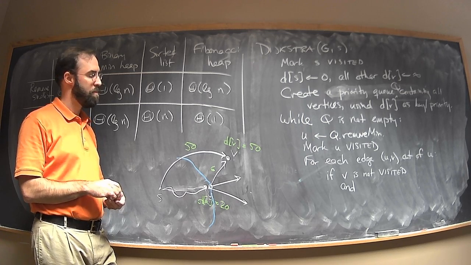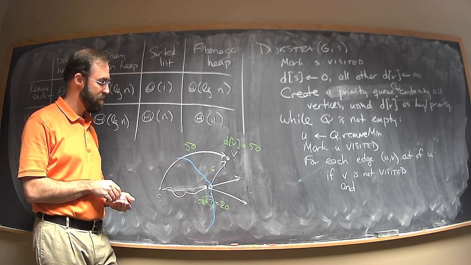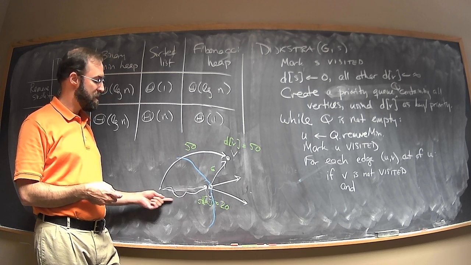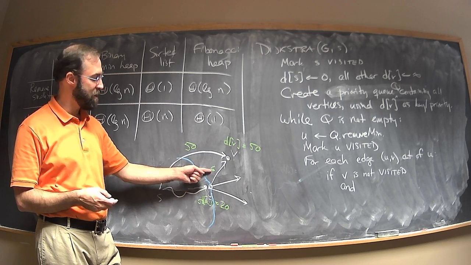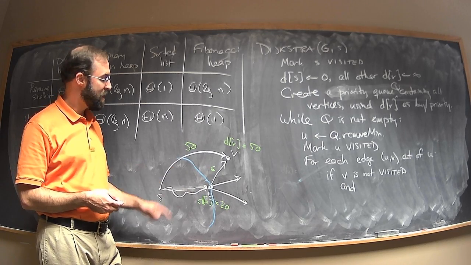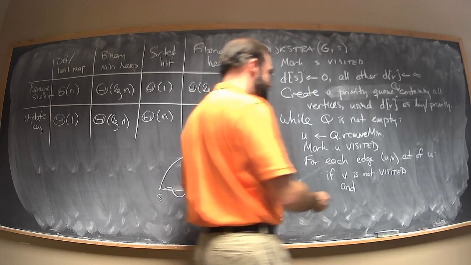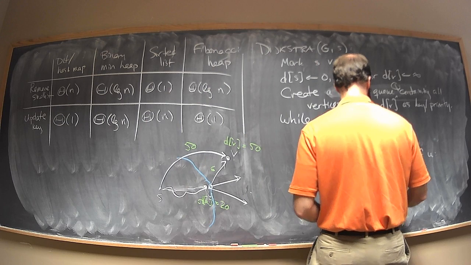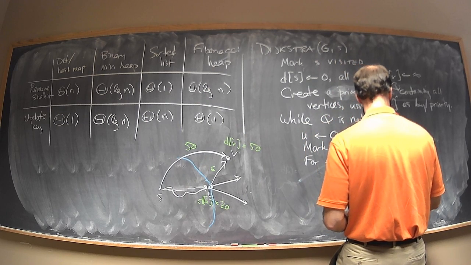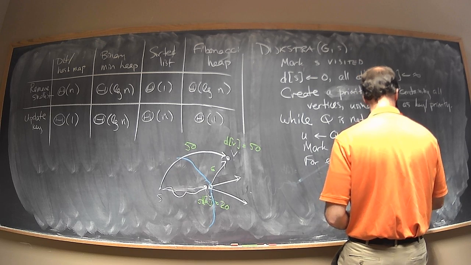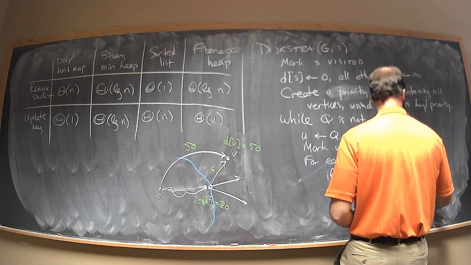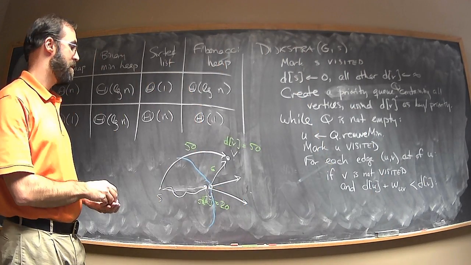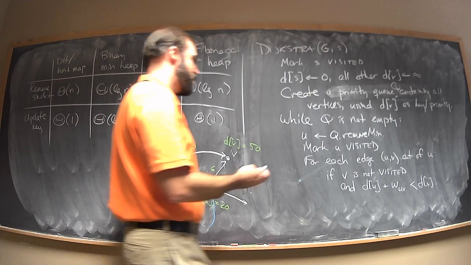Do we just do if du plus v is less than dv? Right. So if du plus the weight of this edge is less than dv. Exactly. That's what we need to say. So if du plus the weight of the edge uv is less than dv, then we need to set dv.